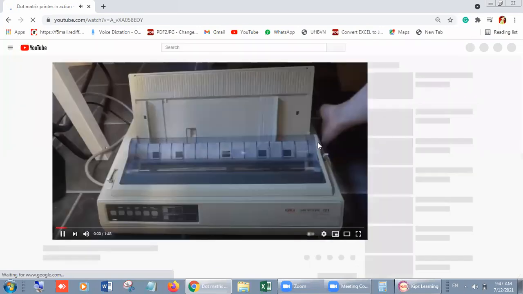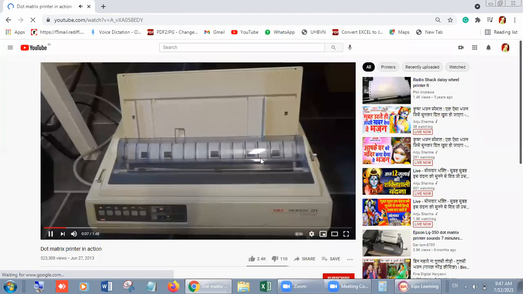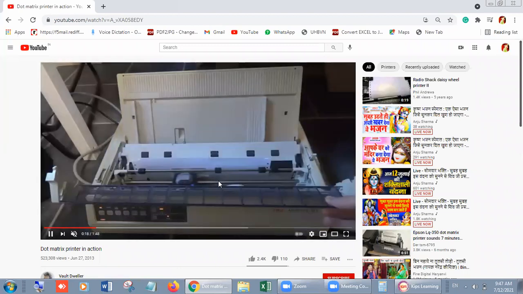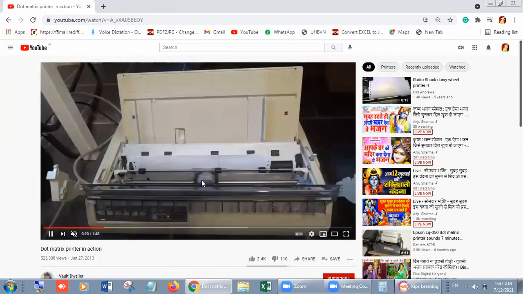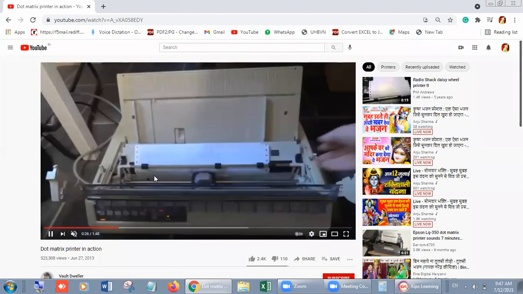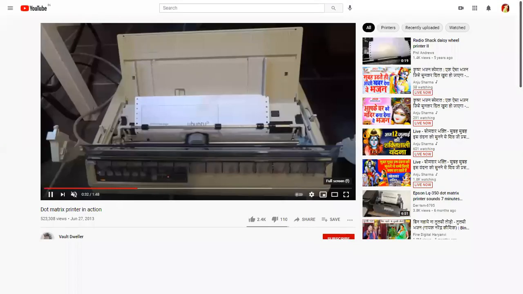Look, students, it was the dot matrix printer, and when we switch it on, the light automatically comes, right? Look, you can see something is moving. Now you can look very clearly. That was a head which is moving on the page, and in between we have a ribbon. Let me enlarge the picture.